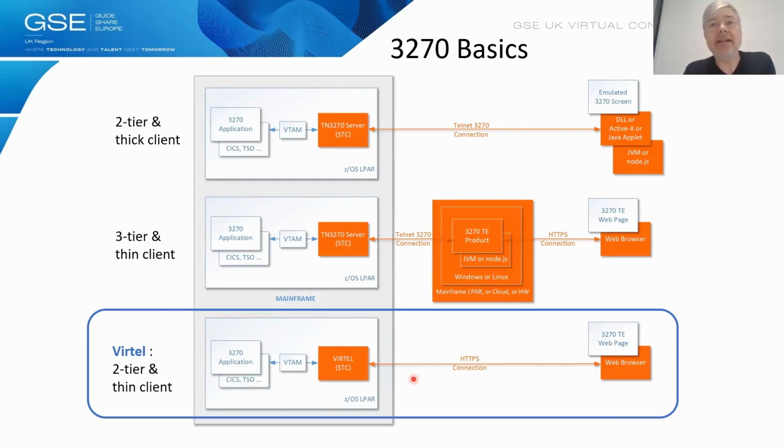The user's web browser connects to the Virtel started task in HTTPS. And then Virtel actually bypasses the TN3270 server because Virtel is directly connected via VTAM to the 3270 applications, KICS, TSO, IMS, etc. So basically, it's a two-tier thin client configuration.